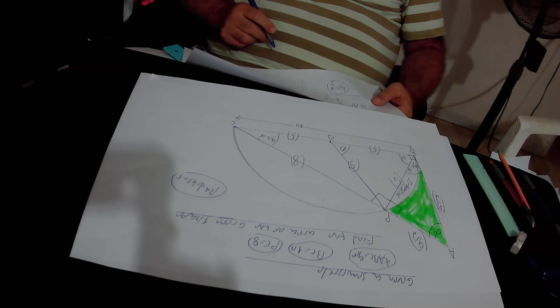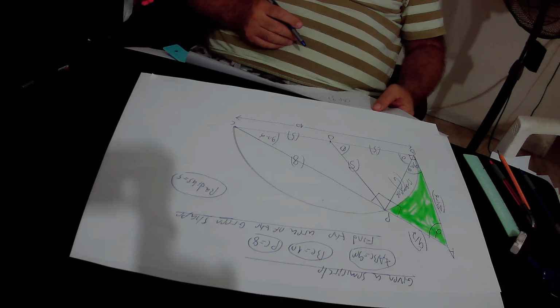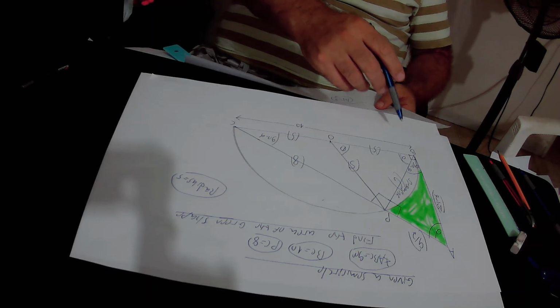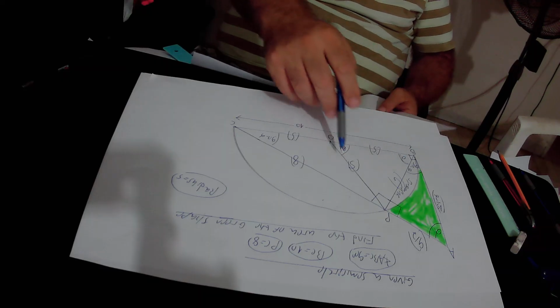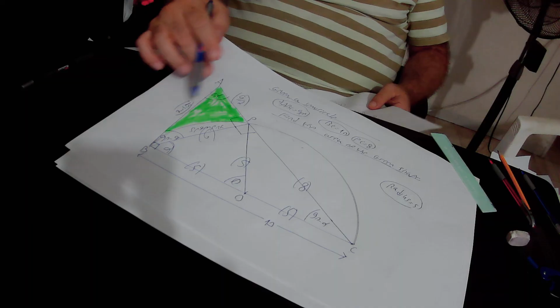we'll implement the law of cosines in this triangle BPO. Actually, the law of cosines holds in any triangle, therefore we can definitely implement it in this triangle BPO.